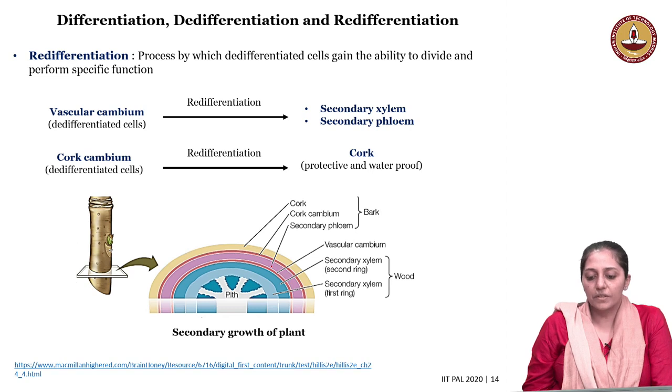You can see the picture here, the cork layer, which increases because of the cork cambium, and the secondary phloem and the secondary xylem, which increase due to the fascicular cambium present, and they form the wood of the plant.